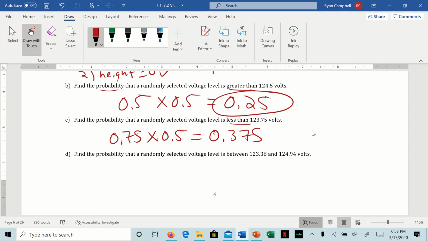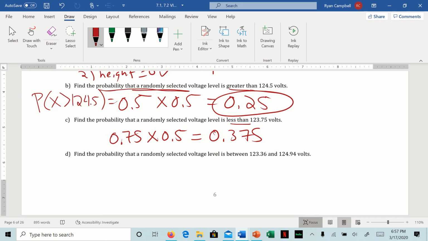Okay. Good. Also, another way we could write this out: you could say the probability of any random variable, where you randomly select it, being greater than 124.5.